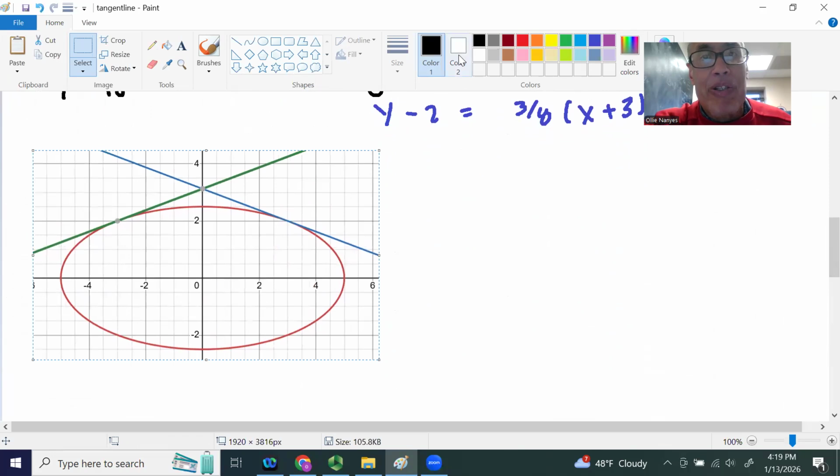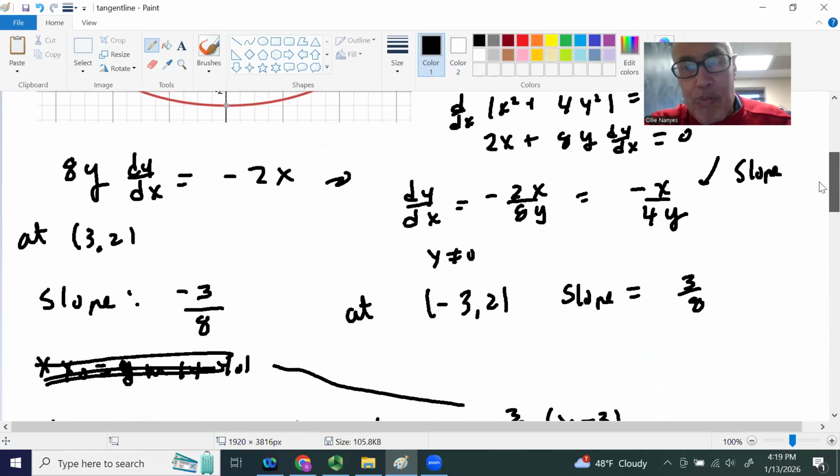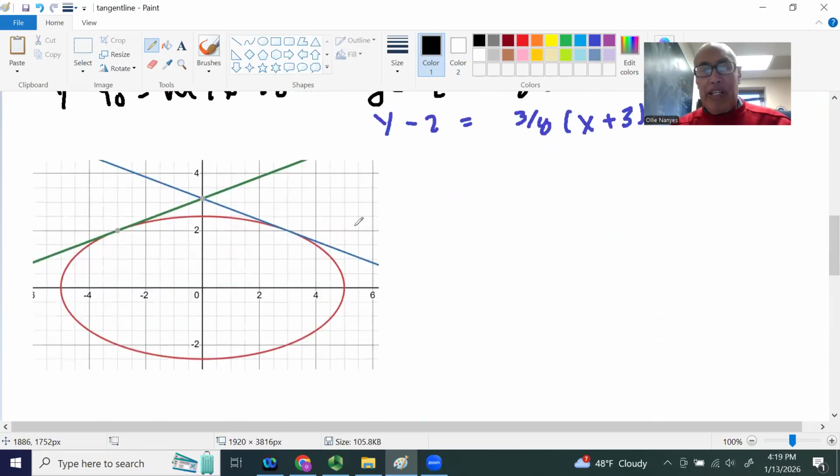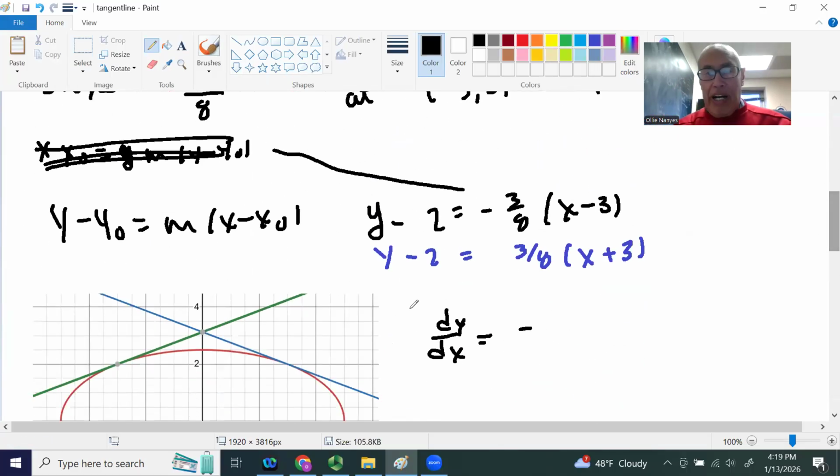Now, in differential equations, what we're going to find is that lots of times, instead of being given the underlying equation, you'll be given this part right here: dy/dx is equal to minus x over 4y.